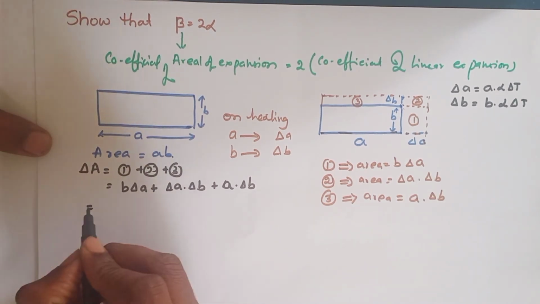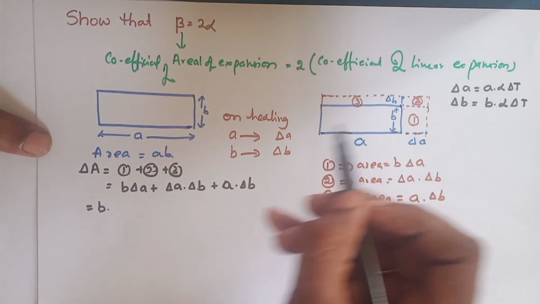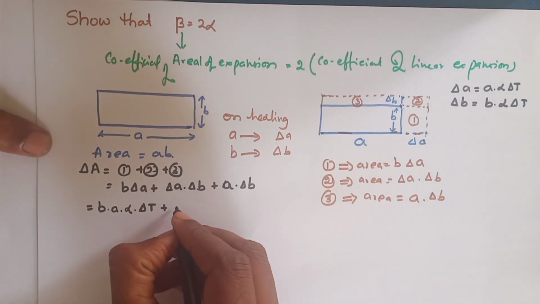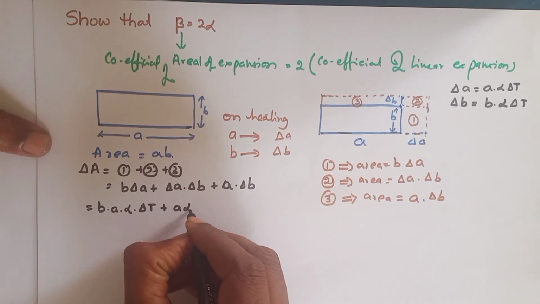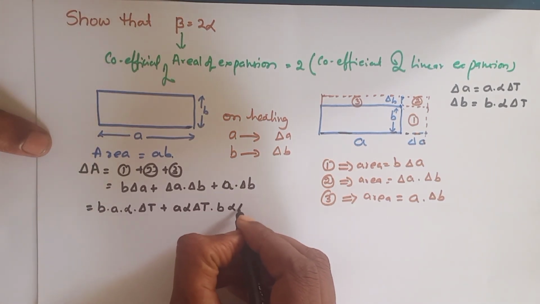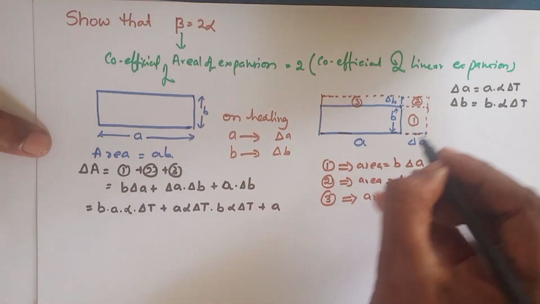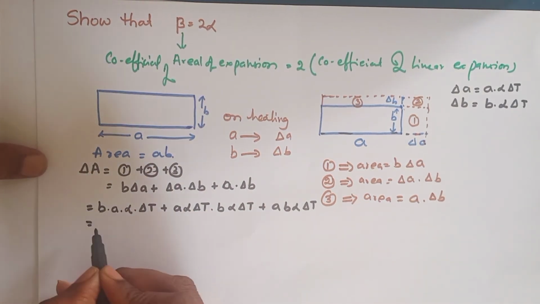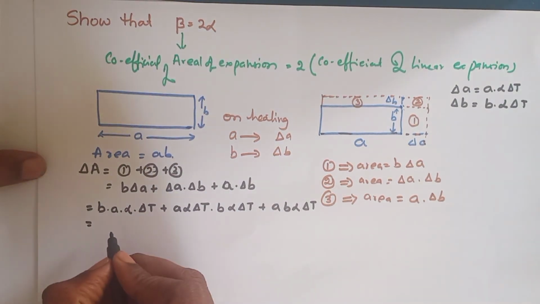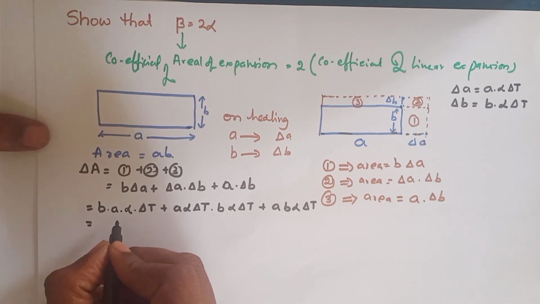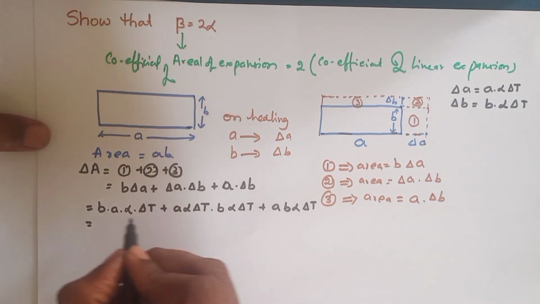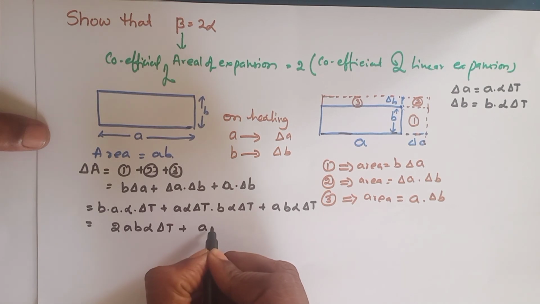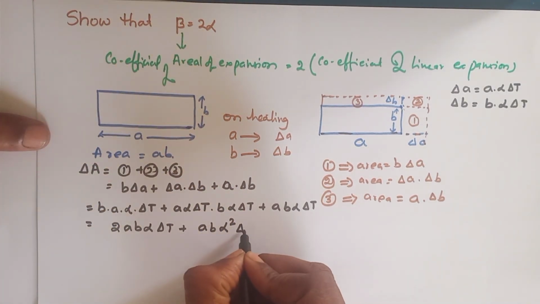Right? Now, delta A is A alpha delta T into B, plus A alpha delta T, B alpha delta T, plus A into B into alpha into delta T. So taking AB alpha delta T common, I am writing this as 2AB alpha delta T plus AB alpha square delta T square.